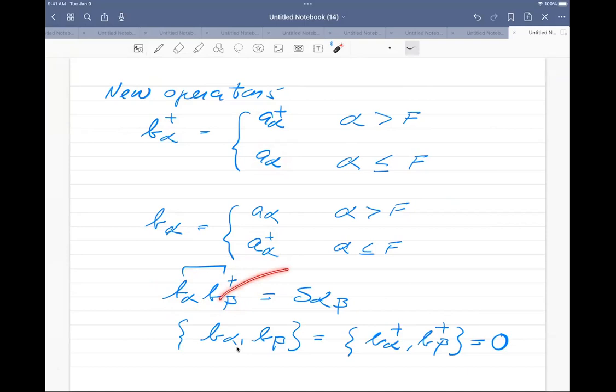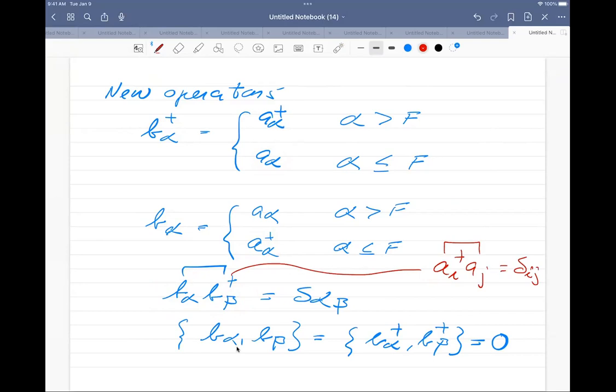So if you look at this for states below the Fermi level, if I now introduce this new notation, I would then have an a_I dagger, an a_J, and if I do that contraction, this is now going to be different from 0.